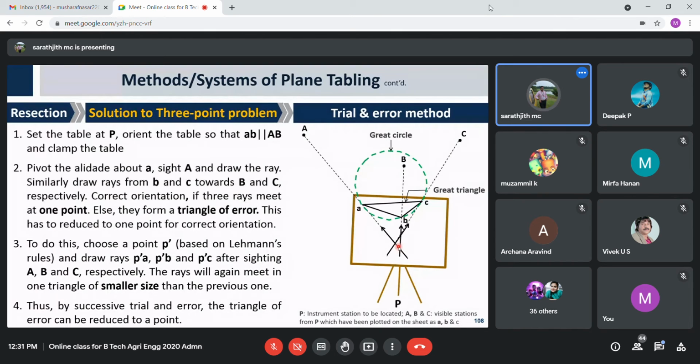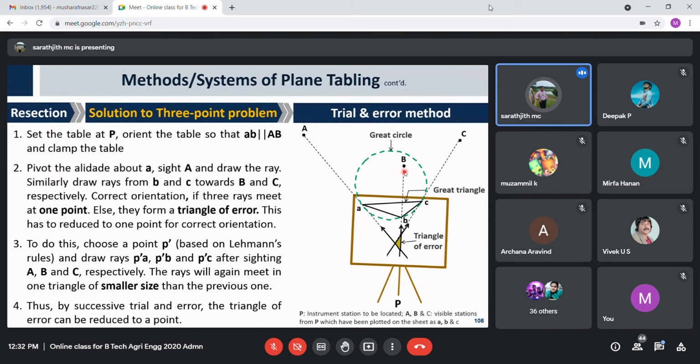See, this is the triangle of error I was mentioning in the first slide. In fact, these rays have to meet at a single point, but rather they formed a triangle. They didn't merge at a point. This is the error caused in our measurements, which we call the triangle of error.